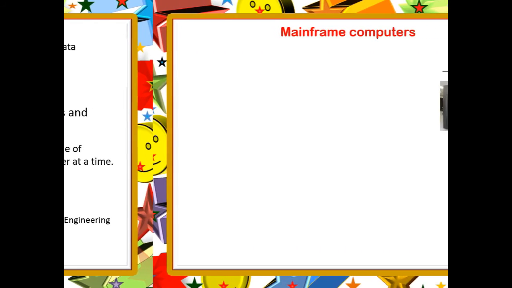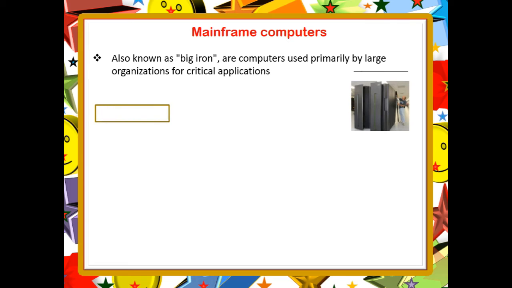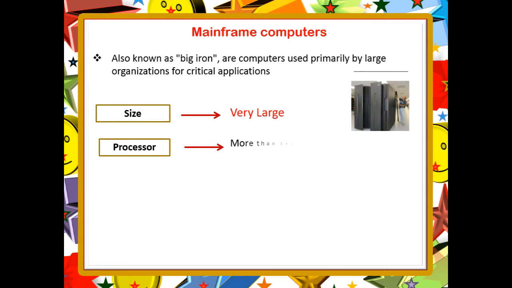Now let's talk about mainframe computers. Mainframe computers are also known as big iron. These are the computers used in larger organizations for critical applications, and its size is very large. In mainframe computers, more than 100 or even thousands of users can work at a time.